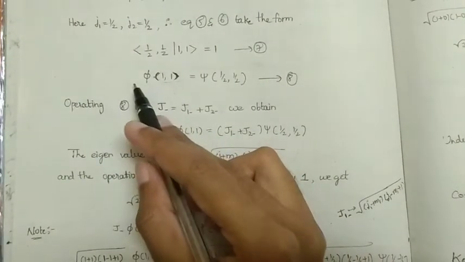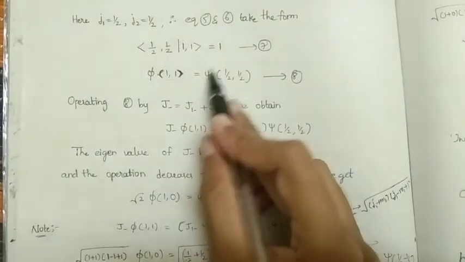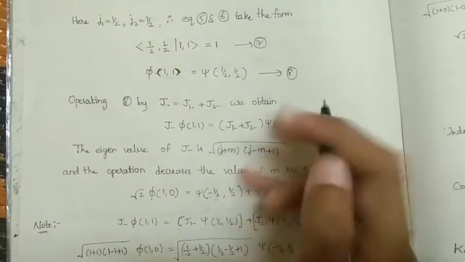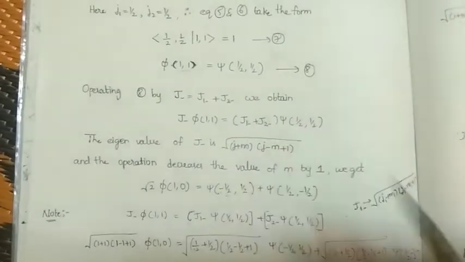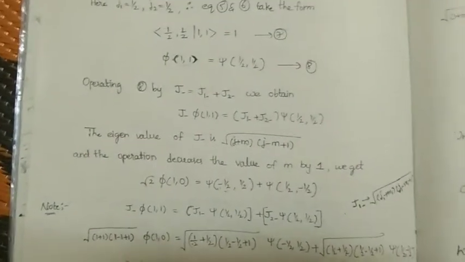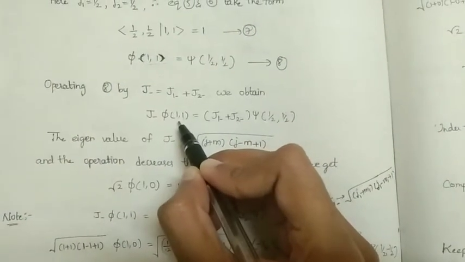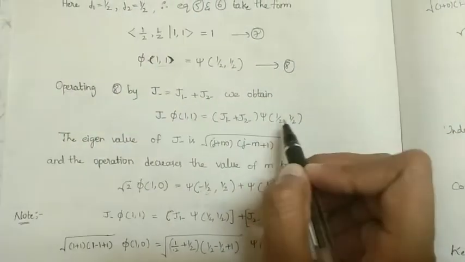So we have j minus of phi of 1 comma 1, and j1 minus plus j2 minus on xi of half comma half, as here we have m1 comma m2. We need to remember this because we used to get confused here. Phi is a function of small j comma small m, and xi is a function of small m1 comma small m2.